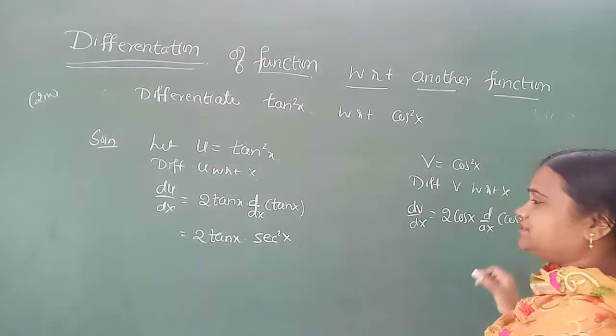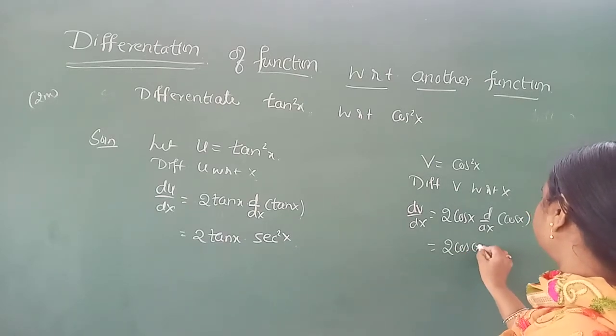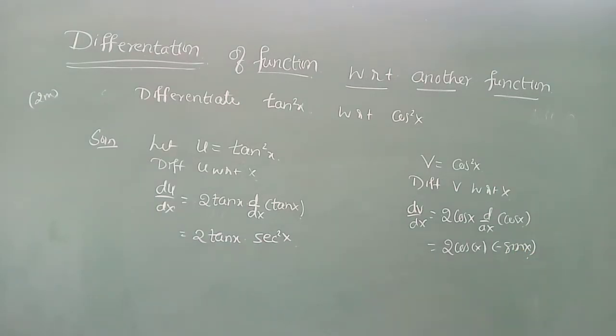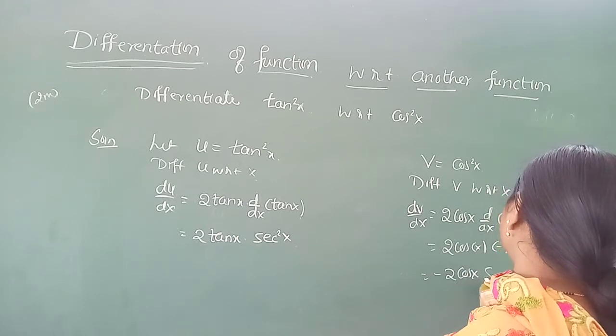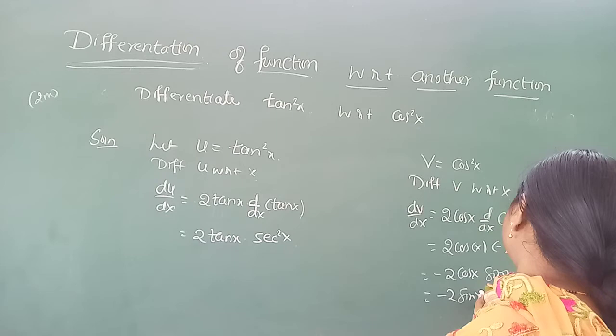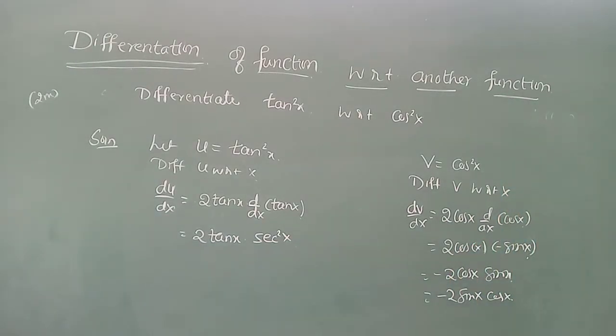Function of function. Therefore we can write this as 2 cos x into minus sin x, since differentiation of cos x is minus sin x. Or rewrite it as minus 2 cos x sin x, or minus 2 sin x into cos x.